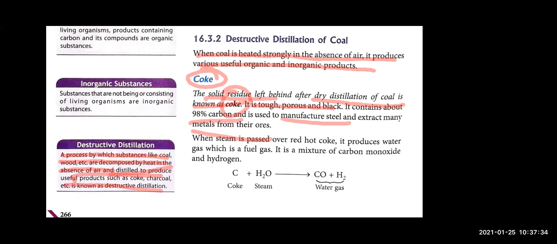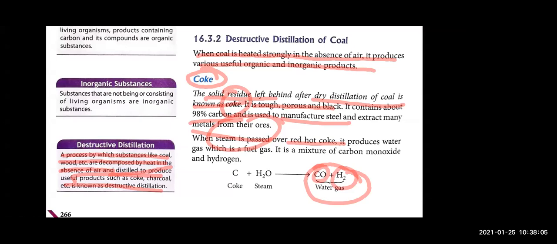Now next, when you pass steam over red hot coke, means your coke is very red hot, then what happens? It produces water gas. Water gas is a mixture of CO, that is carbon monoxide, and hydrogen. So this is your water gas and it is a fuel.